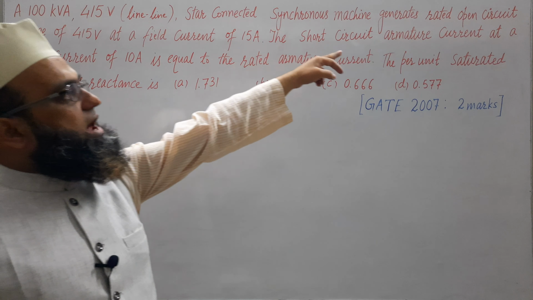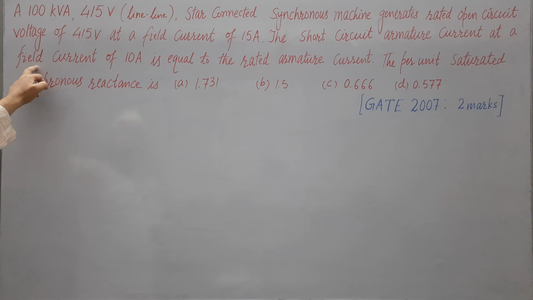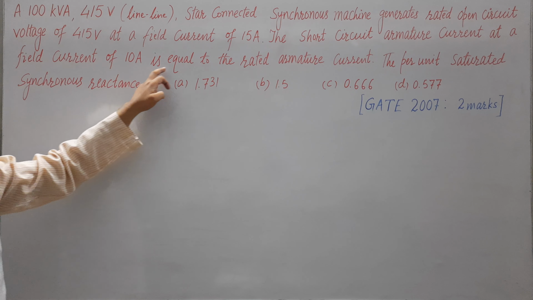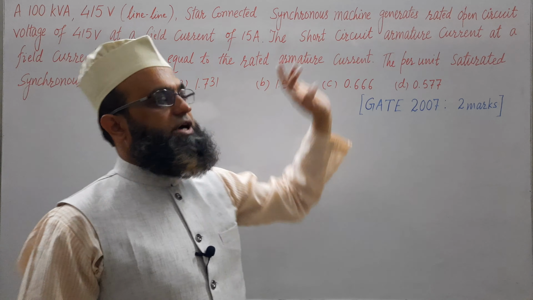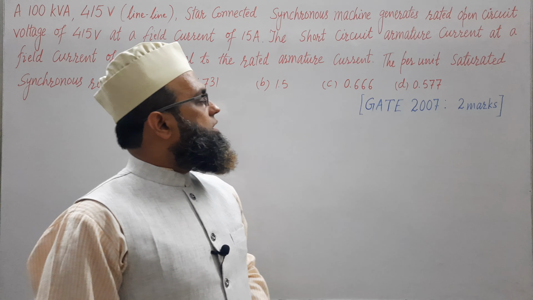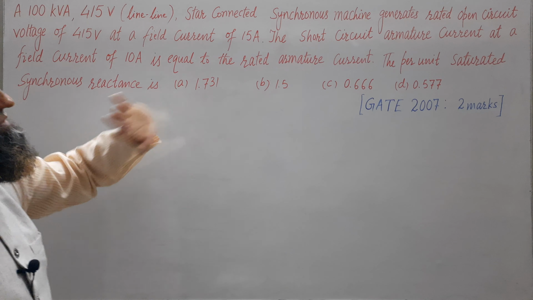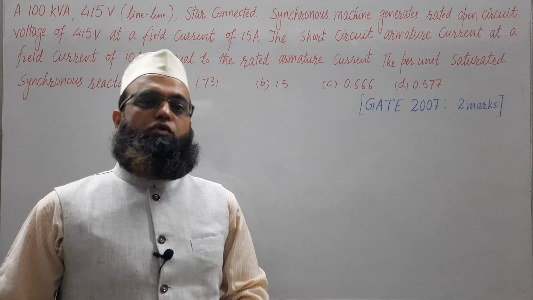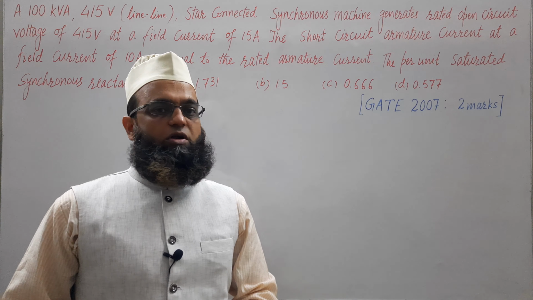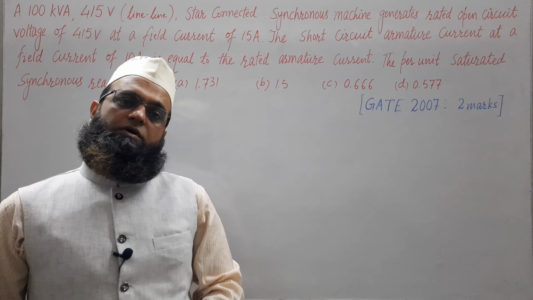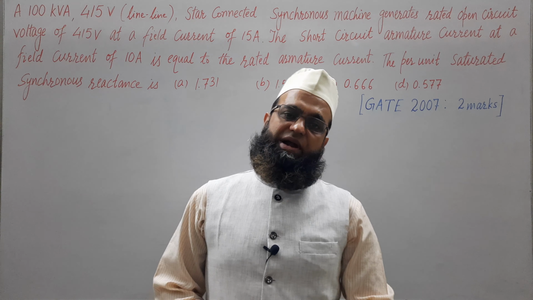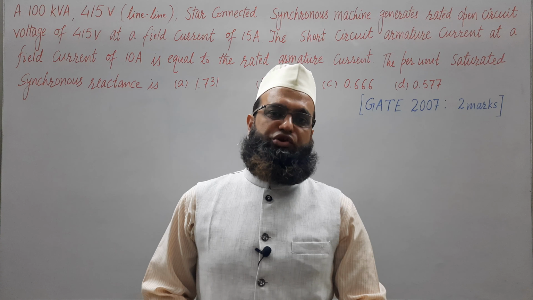The short circuit armature current at a field current of 10 ampere is equal to the rated armature current. The per unit saturated synchronous reactance is? So synchronous reactance has been asked, that is, this problem falls under synchronous impedance of synchronous machine.